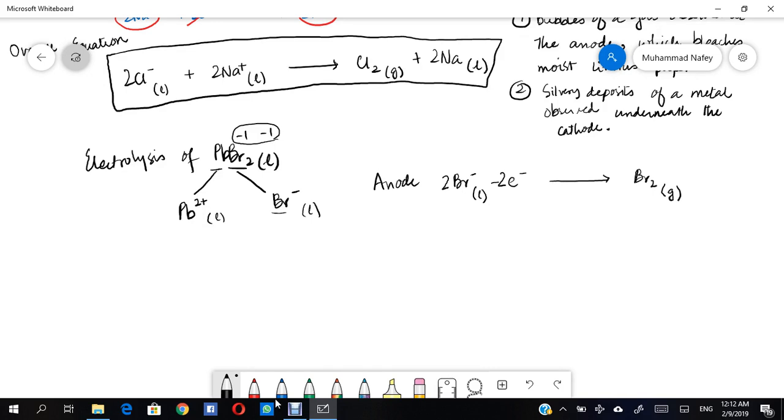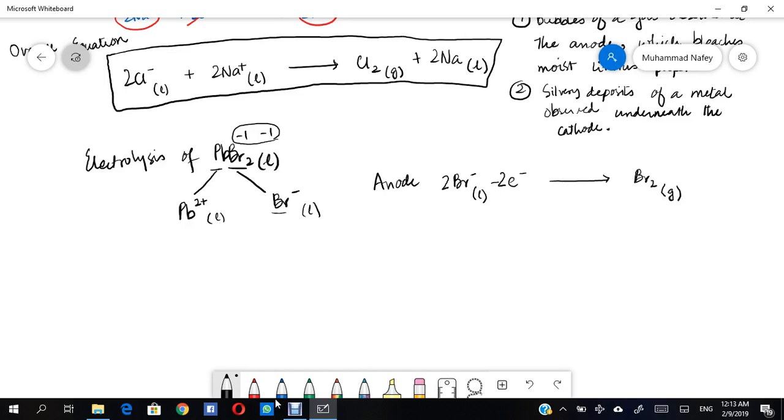Alright, I'll just tell you something here. Bromine at room temperature is a volatile liquid, right? However, I have mentioned gas here. The reason is basically that we are carrying this electrolysis out in the molten state. And in order to obtain the molten state, the temperature of the electrolytic cell has to be extremely high.